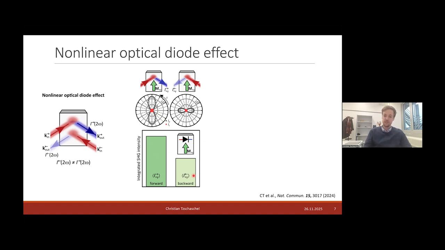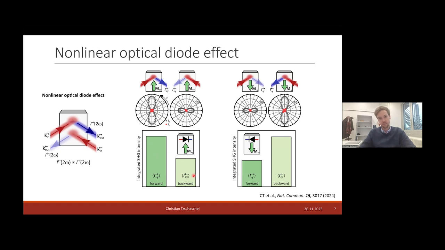Now we can apply the opposite magnetic field and force a minus Y state with the magnetization pointing in the negative Y direction, and we see the opposite picture. Where then in the forward direction, we get the lower intensity, and in the backward direction, higher intensity. So essentially, by controlling the magnetization in the material, we can control the directionality of our diodes.